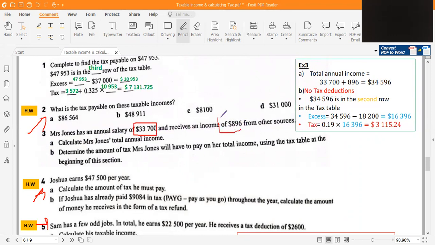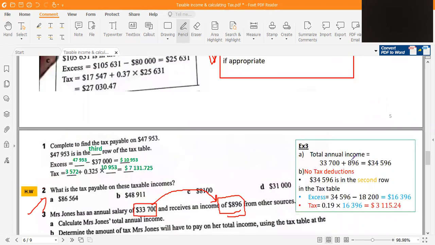She has different incomes. As total income, we have 33,700 plus 896. So as total income, determine the amount of tax.